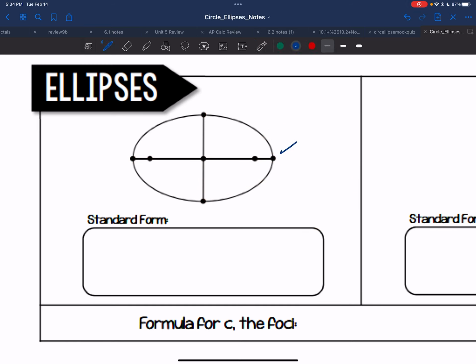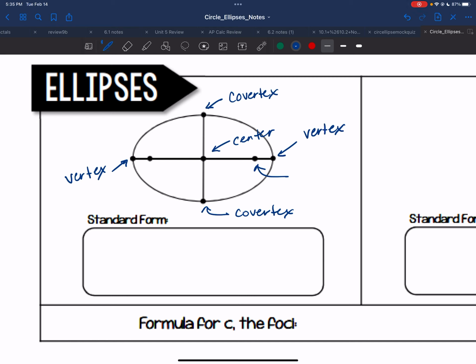On the end of your elongated side is what we call a vertex, and that's mirrored on the other side as well. On the short side of your ellipse is a covertex, which is also mirrored on the other side. We also have the center of our ellipse, and a new part called a focus, which is a reference point where a measurement can happen to get us a constant value.